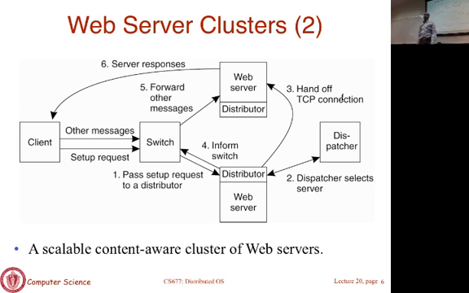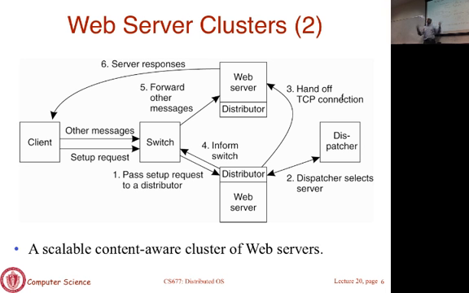Round robin DNS is typically done if you have what are called geo-replicated applications. If you have one replica in, let's say, East Coast, one replica in West Coast, and you want all the East Coast users to come to the East Coast replica, and the West Coast users to go to the West Coast replica, you don't have a switch. This picture assumes that this is all happening within a single data center.